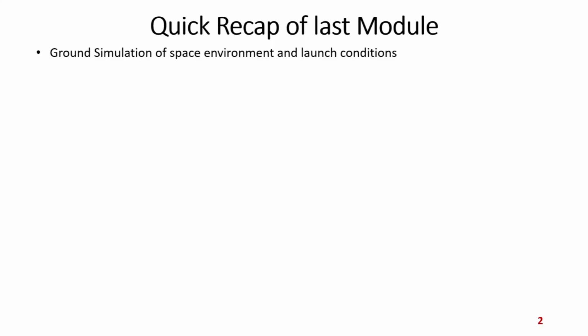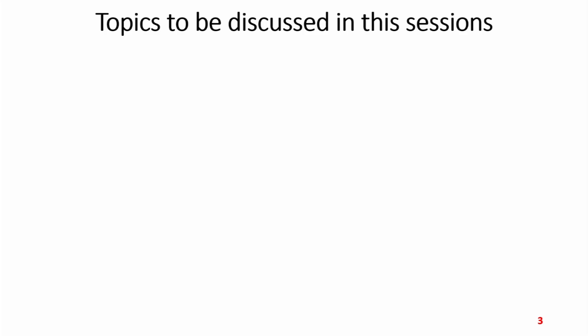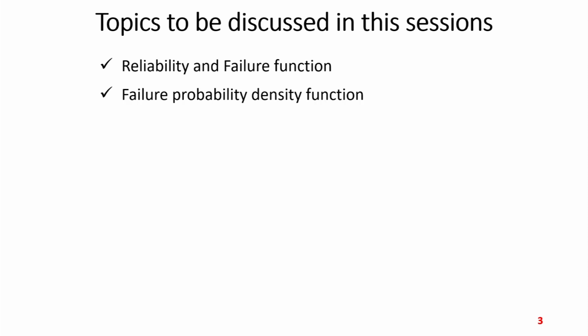So, in the last class we discussed how we do the ground simulation of the space environment and do the test and evaluation for space qualifications, and we defined what is called the reliability and the failure function. So, in this session we will continue with the reliability and failure function.